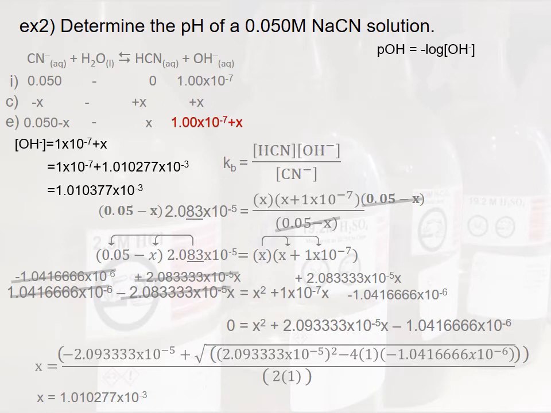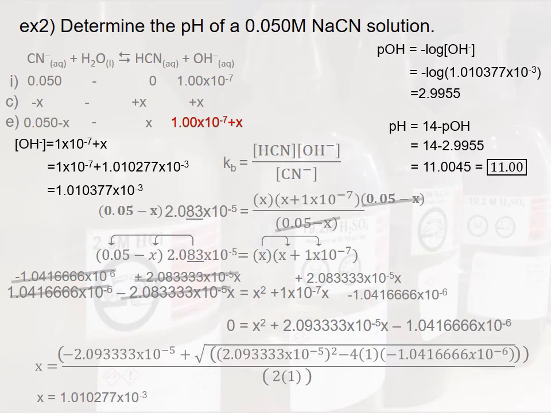I'm going to find the pOH by taking negative log of that concentration, and I get a pOH of 2.9955. We know that pOH plus pH equals 14, so pH will equal 14 subtract that pOH, and that gives us 11.0045, corrected to 2 significant figures, is 11.00.